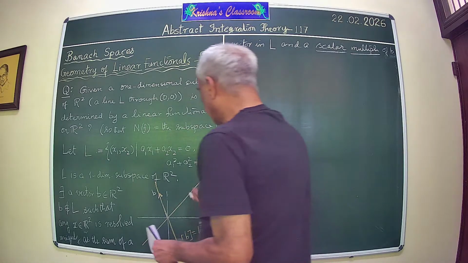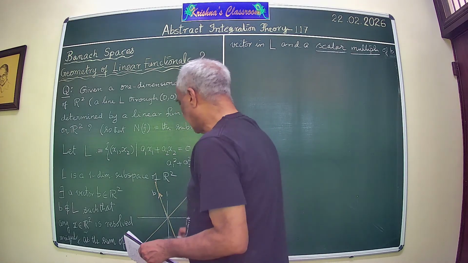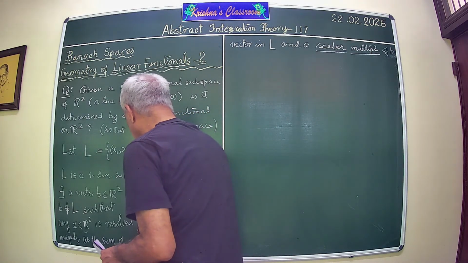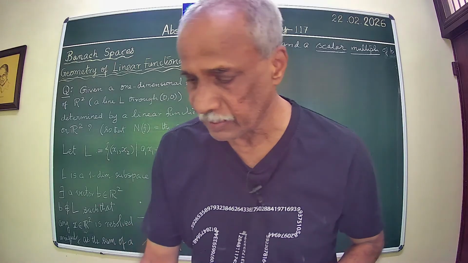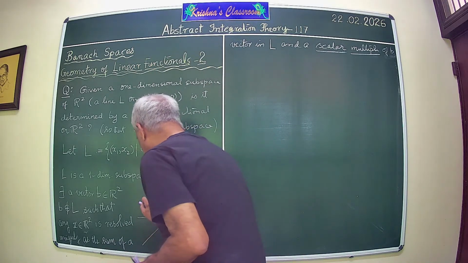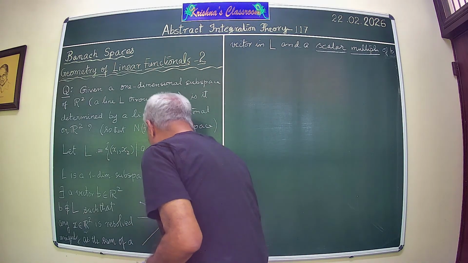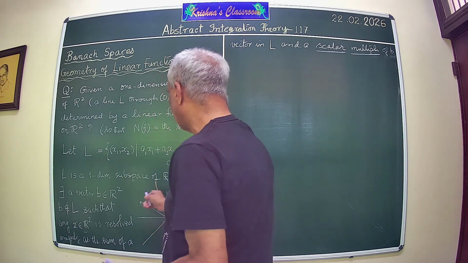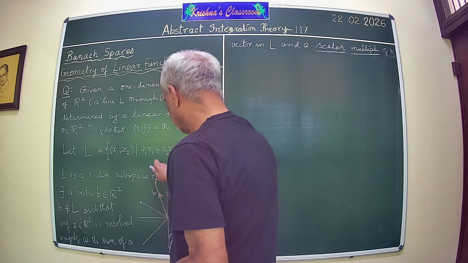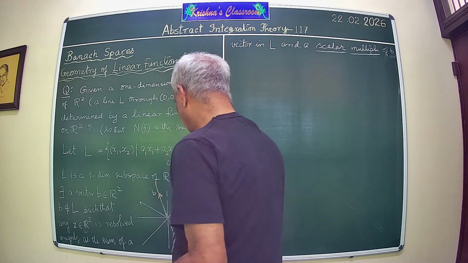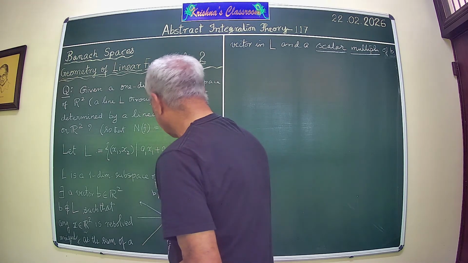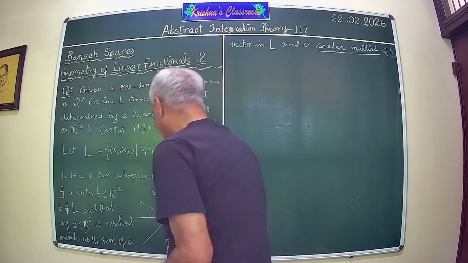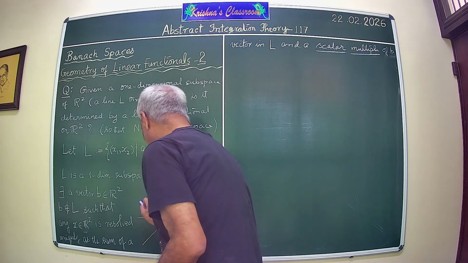So what you do is you take any vector in R2 and resolve it as the sum of a vector in L prime and a vector in L. This is possible. We will show that this is possible.